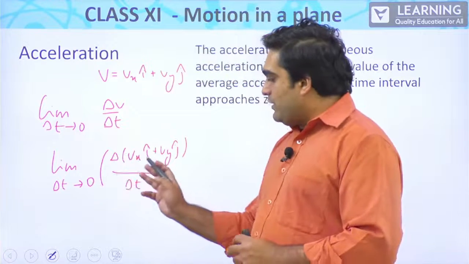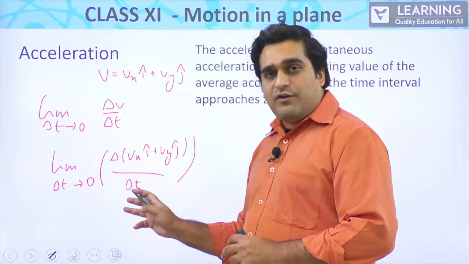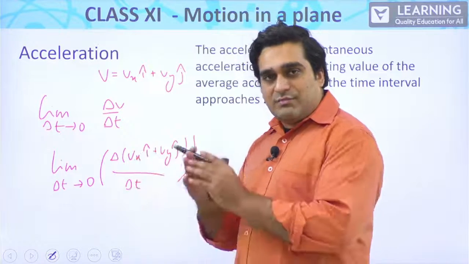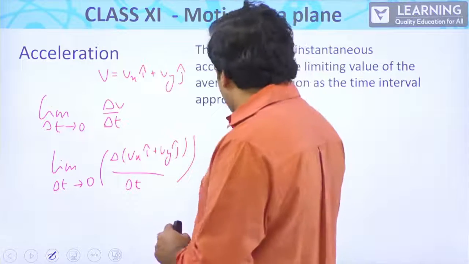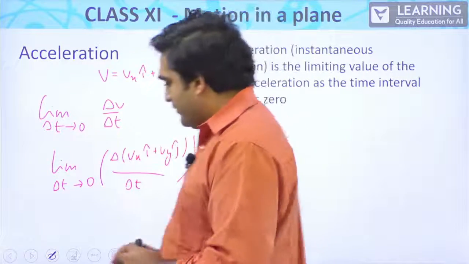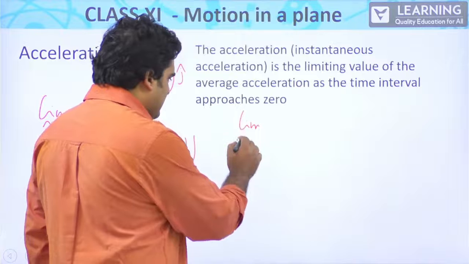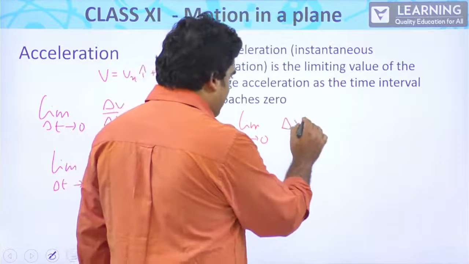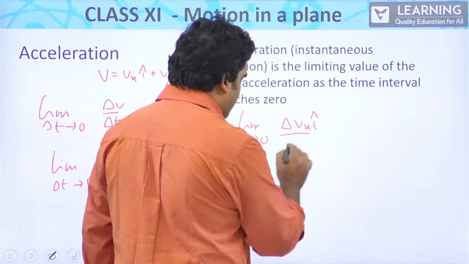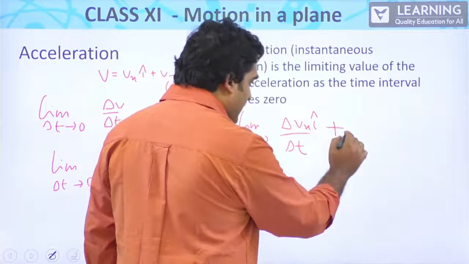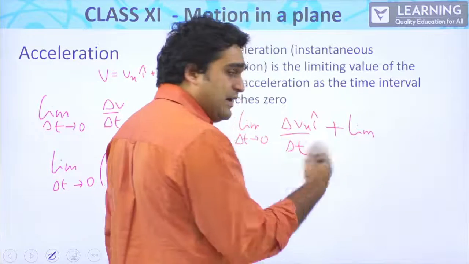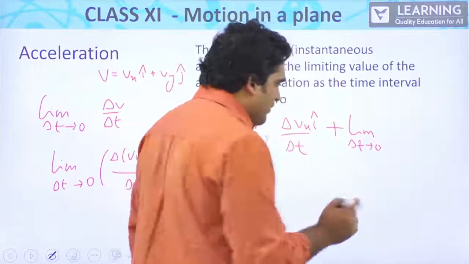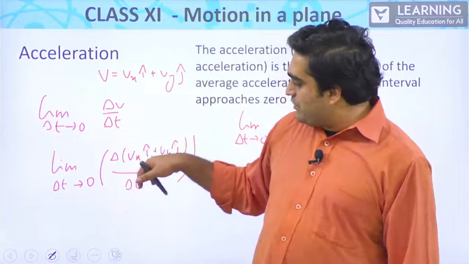Now we have already looked into this form in the previous section, so I will directly write the solution, separating the LCM and things like that. So you get limit delta t tending to 0, delta vx i cap divided by delta t, plus you apply limits to the y term as well, both the terms, because this is also a function of time.